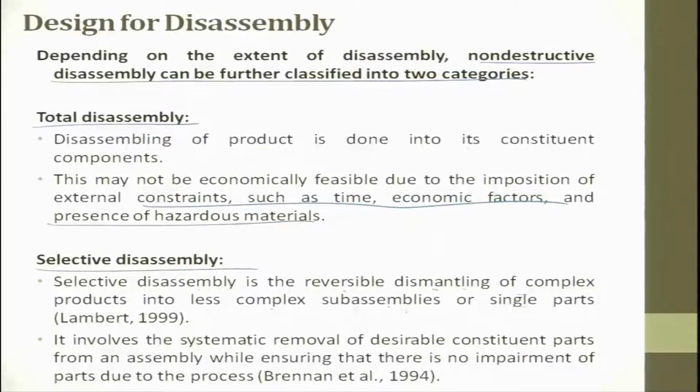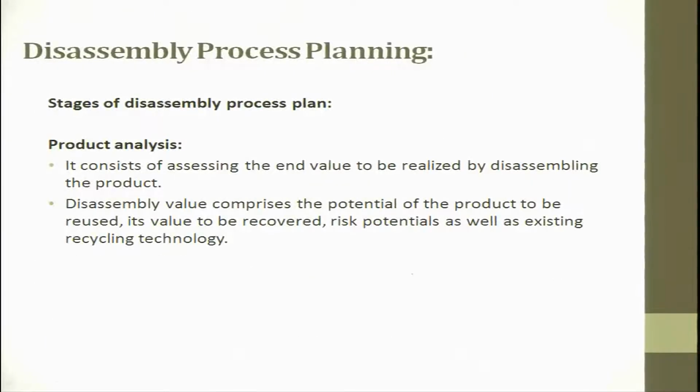The first one is where you try to completely dismantle. The stages of the dismantling process plan begin with product analysis. It consists of assessing the end value to be realized by disassembling the product.